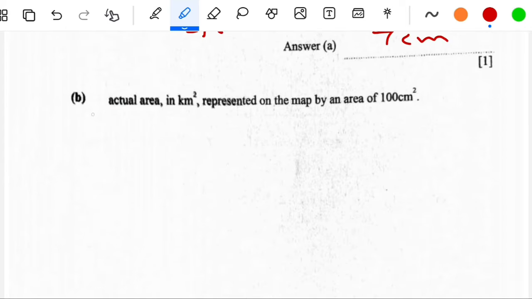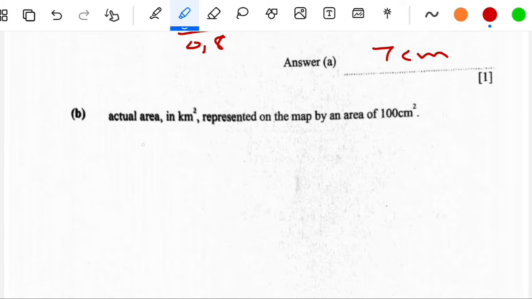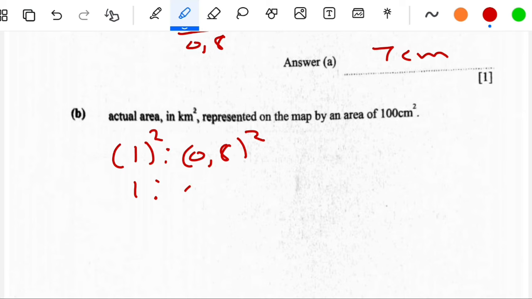Then B, actual area in square kilometers represented on the map by 100 square centimeters. Okay, so I said 1 is to 0.8. So to find area ratio, I simply square both sides. So I'm going to get 1 is to 0.8 squared, which is going to be 0.64.